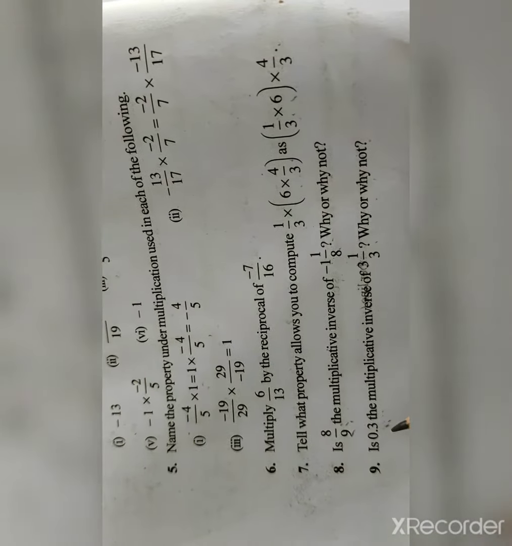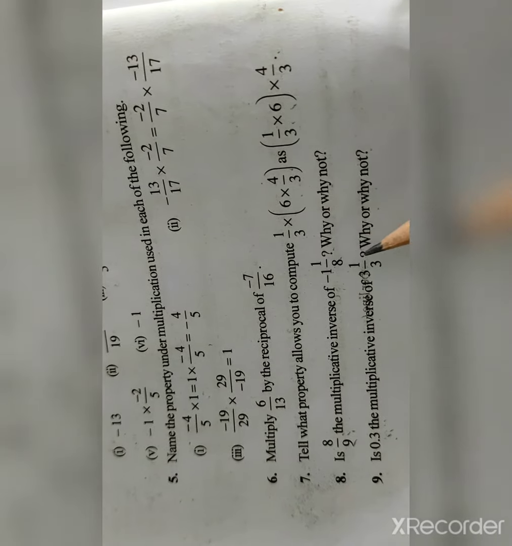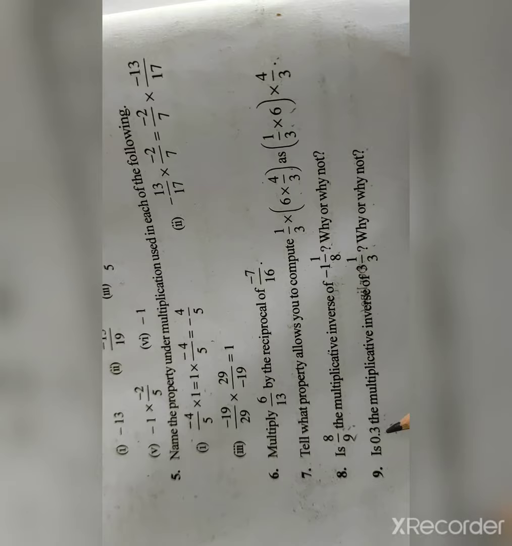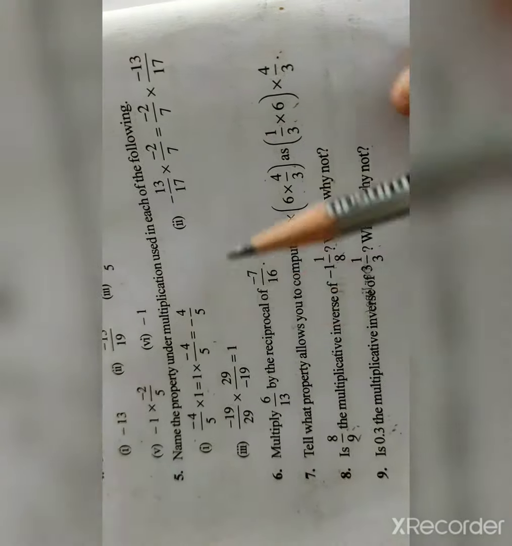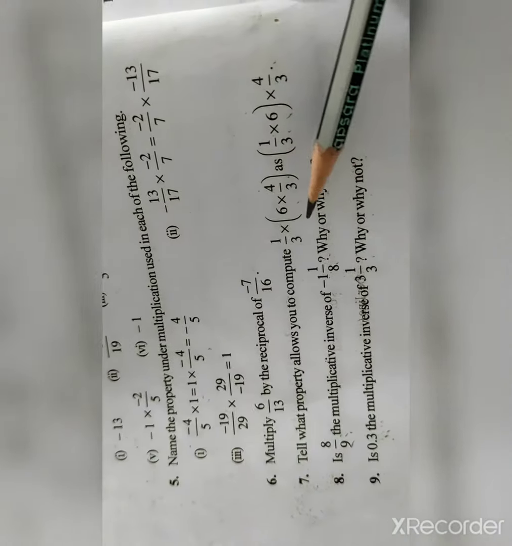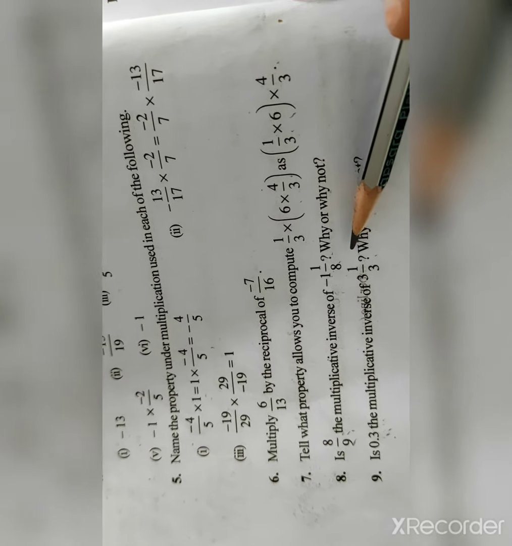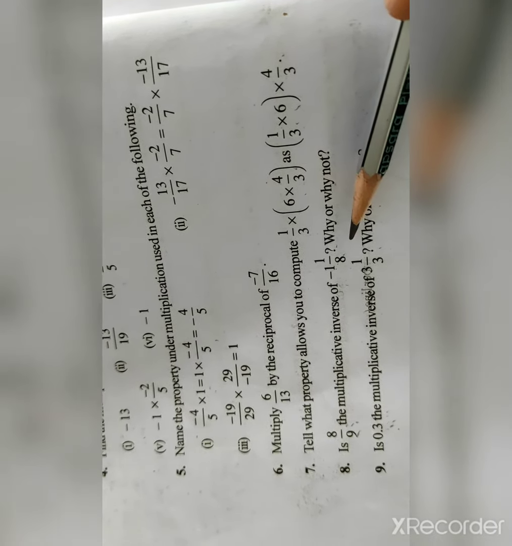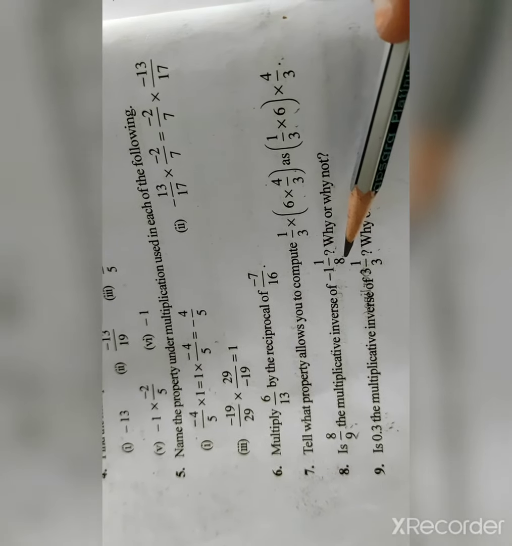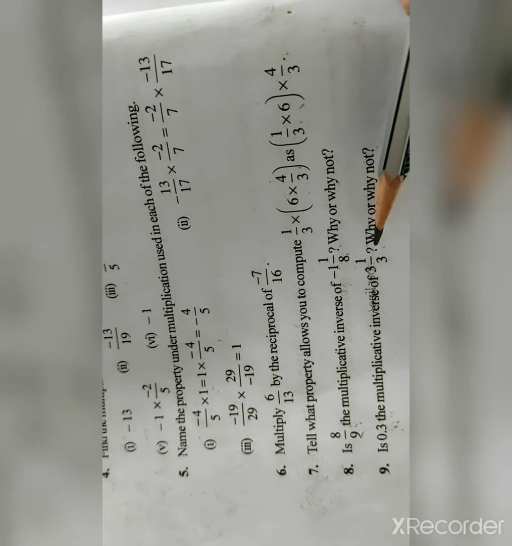Now, is 0.3 the multiplicative inverse of 3 integer 1 upon 3? Why or why not? First, 0.3 is a decimal number, so we will change it into a rational number. 0.3 is equal to 3 upon 10. Then change the mixed fraction into a rational number: 3 threes are 9, 9 and 1 is 10, 10 upon 3.